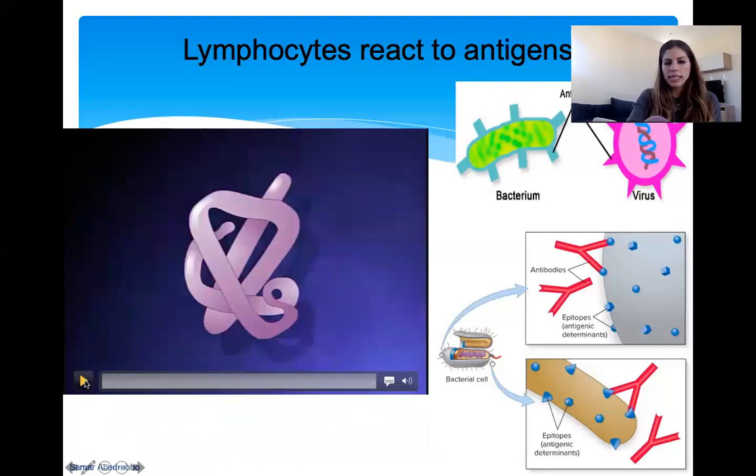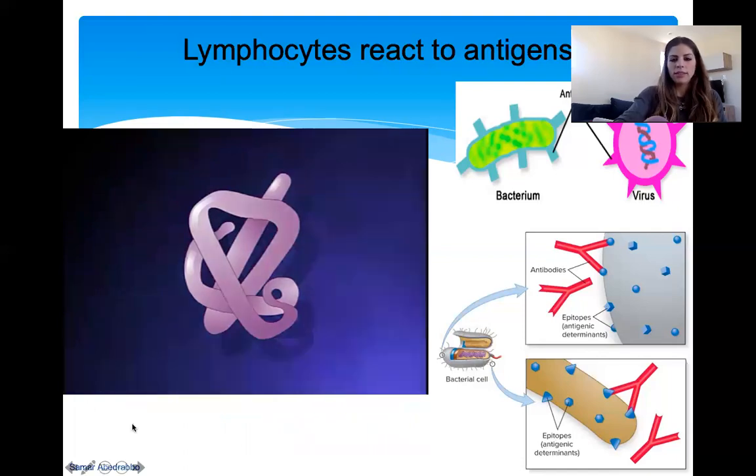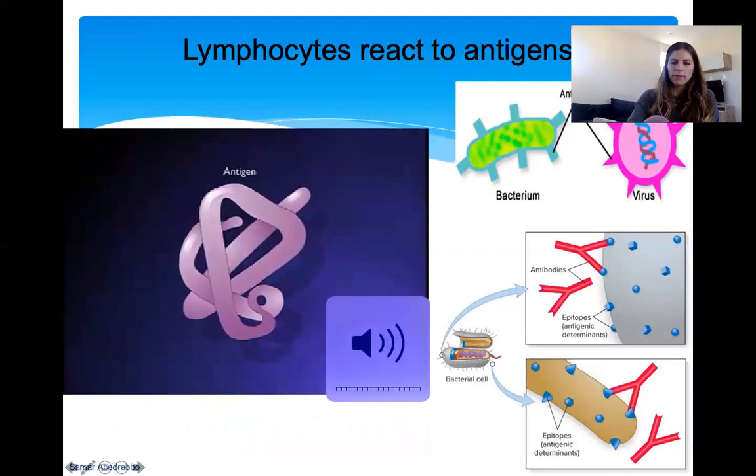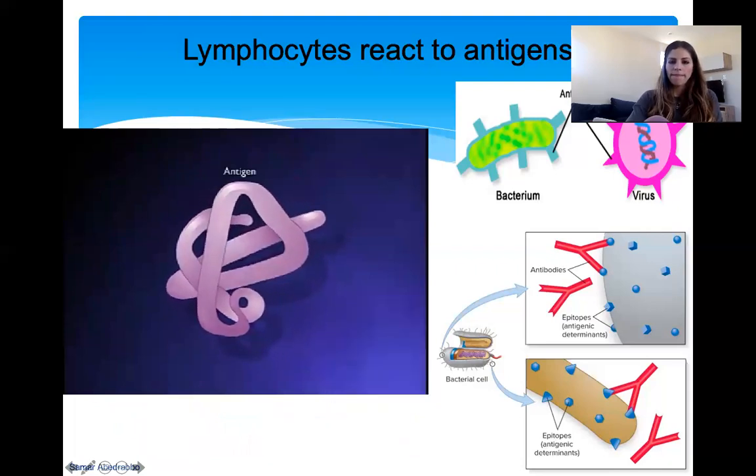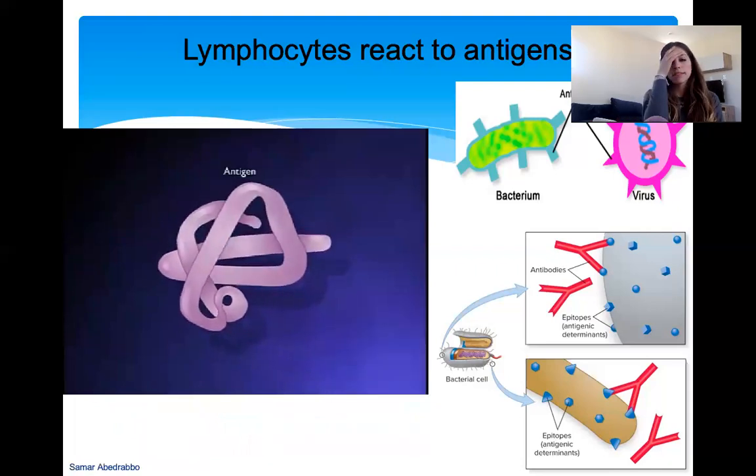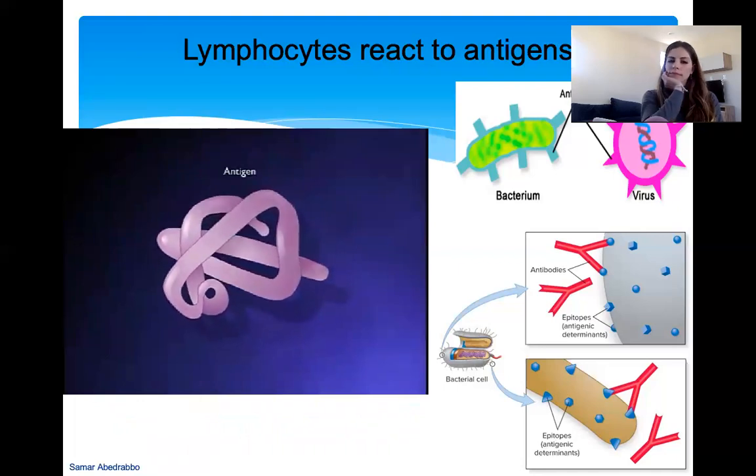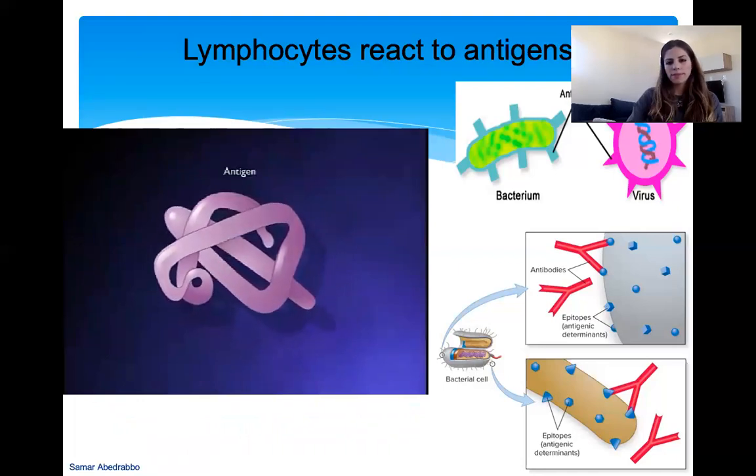And this is a good video summarizing lymphocytes and antigens and how they go on to create antibodies. Antigens are macromolecules, usually of molecular weight greater than 10,000, such as proteins and polysaccharides. They are recognized by the immune system as foreign.